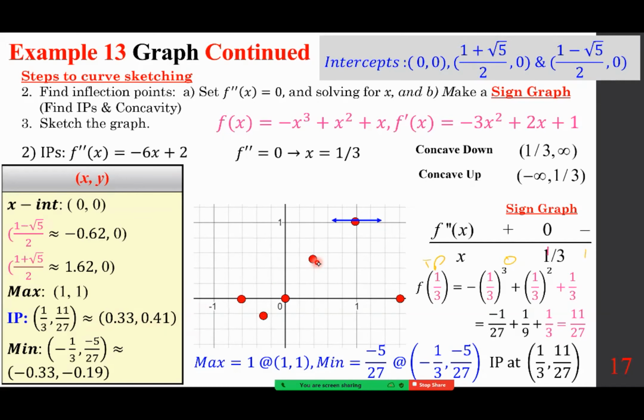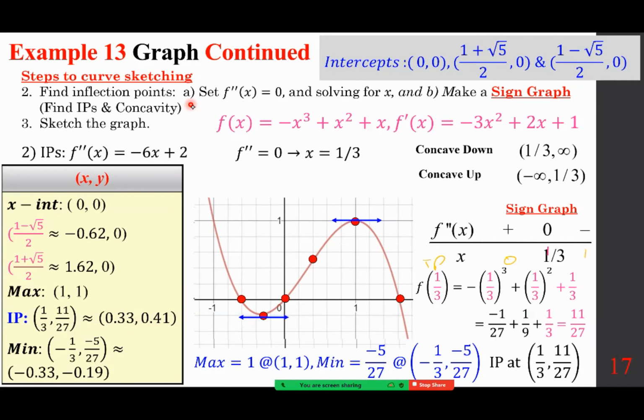Minimum takes place at this pair, and we put an arrow. And we know the end behavior, right? Because it looks like minus x cubed, so you can graph it. As you can see from the graph, the function is decreasing here, increasing here, decreasing here, and it's concave up here, concave down here, local min, local max. Everything is shown right here with details.